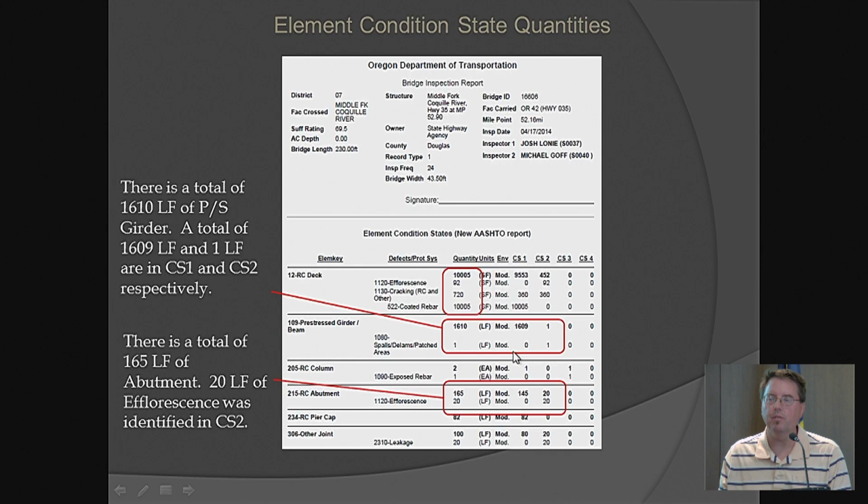So he's going to put 1 foot of that girder into CS2. And you can see how it rolls up into the parent element. And then it also gives you 1 foot of total quantity here. So then this 1 foot and this 1,609 are going to add up to give you your total quantity here.